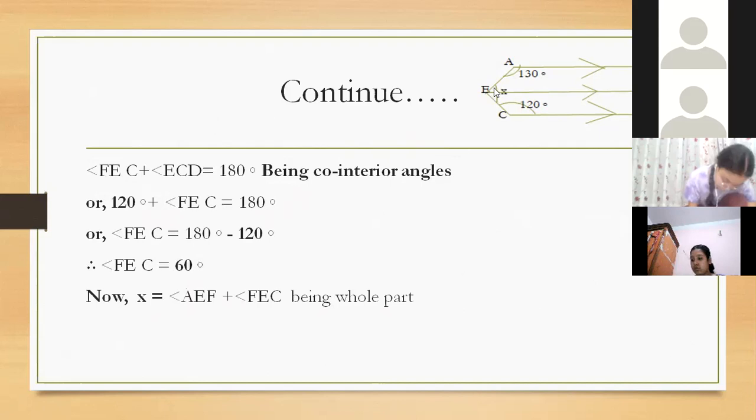we will get the value of X. That is known as the whole part. These two parts are added. Then we are getting the value of X. By adding these two separate parts, we are getting this whole part. Okay, children?